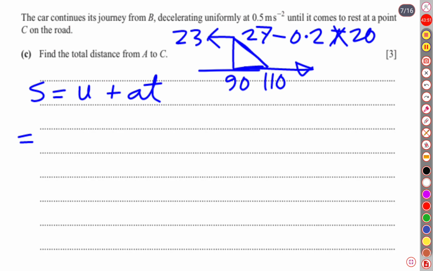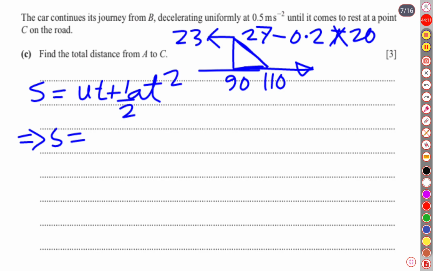Okay, so then our s is equal to, sorry, I made a mistake, ut plus half at square.